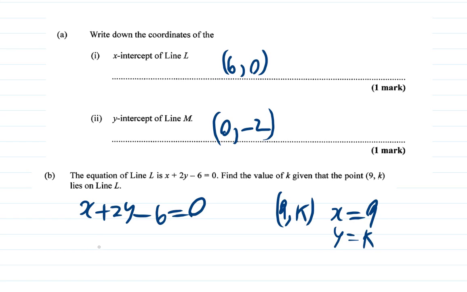If x is 9, then you substitute 9 for x. So you have 9 plus 2y minus 6 equals 0.